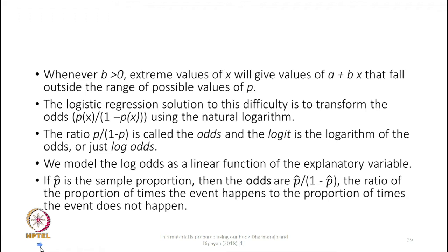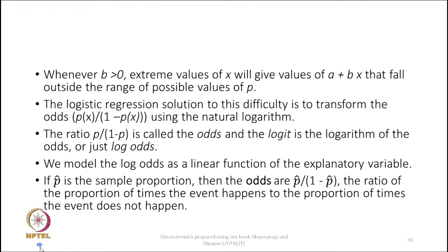So, the logistic regression solution to this difficulty is to transform the odds using a natural logarithm. Earlier we used p is equal to a plus bx, that is not a good model, for the reason I have just said.